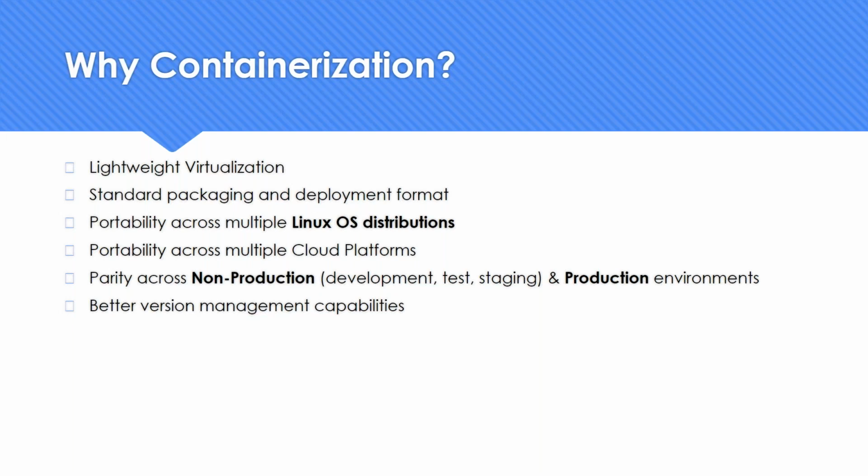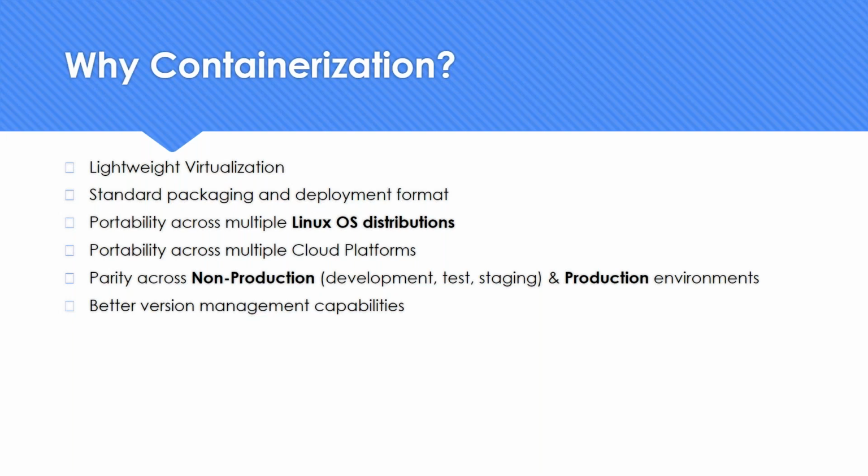I have made it very clear. If you have created something in Linux, it's going to work only in Linux. And most of the time, people prefer to use Linux only. Some people have started, and Google also started providing Windows-based support for containerization recently. Because of this portability, it can work across any cloud. Forget about cloud, even on-prem it can work.